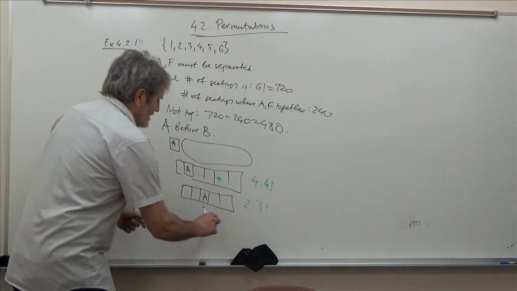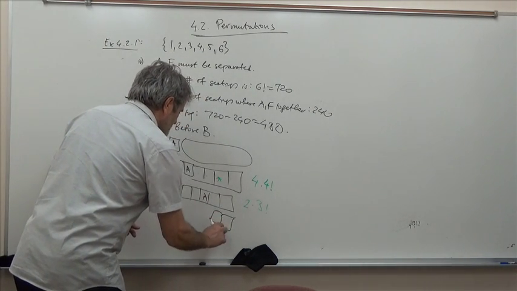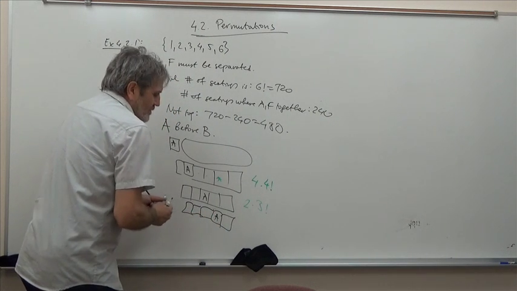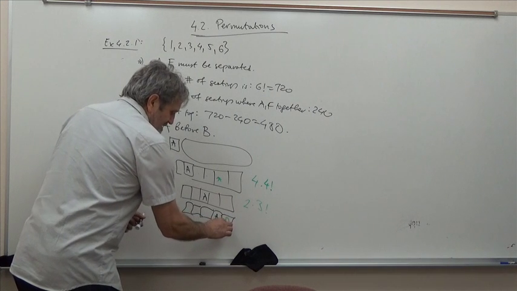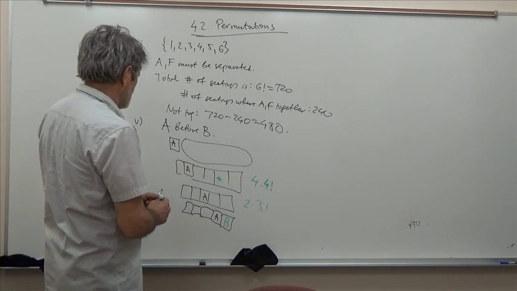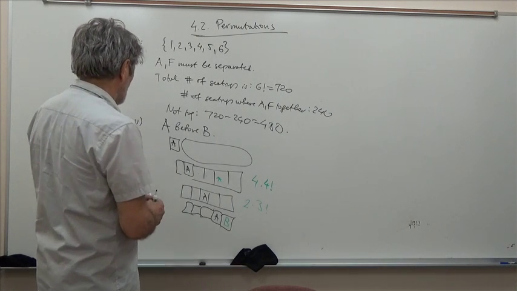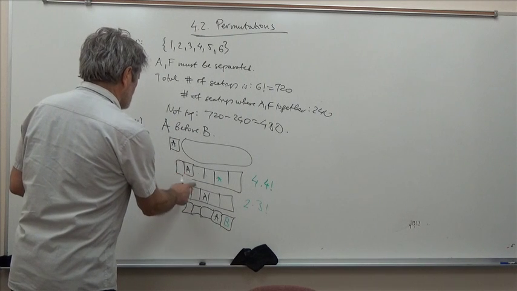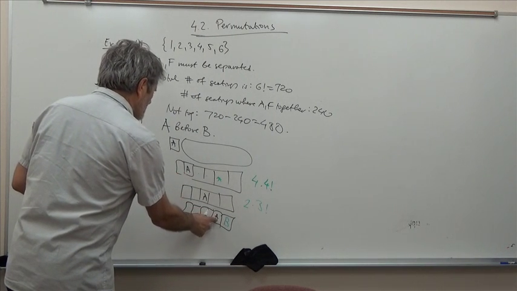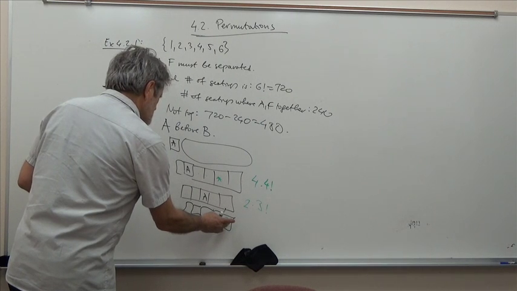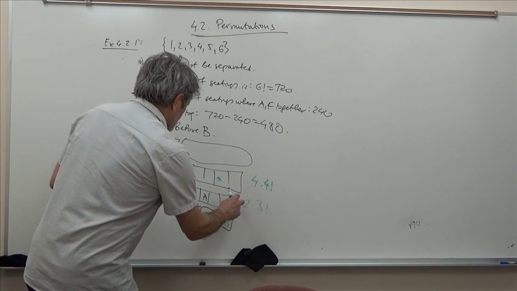And then finally, if A is at the end, or next to the end, then you have no freedom for B. B has to be here, and that's only 1, no, that's 3, what did I do here? I rushed it. A on second, A on third, A on fourth, no, up. Yeah, I lost 1 seat, sorry.